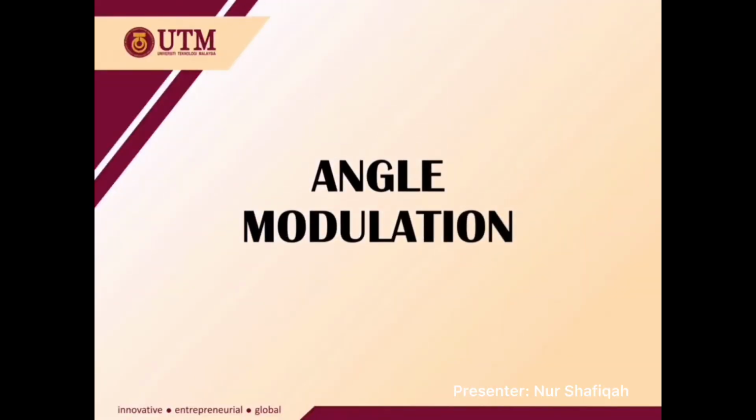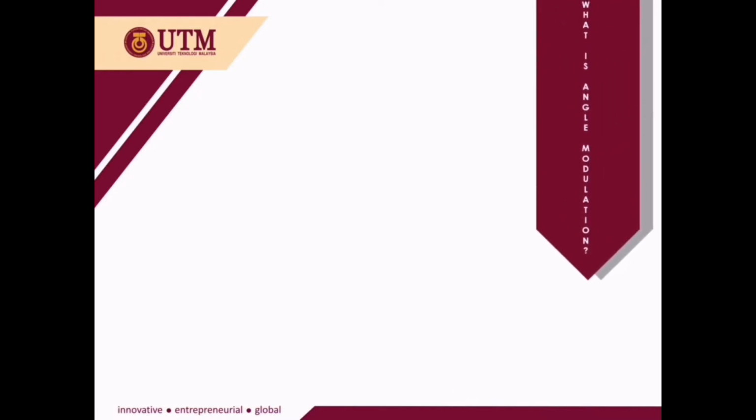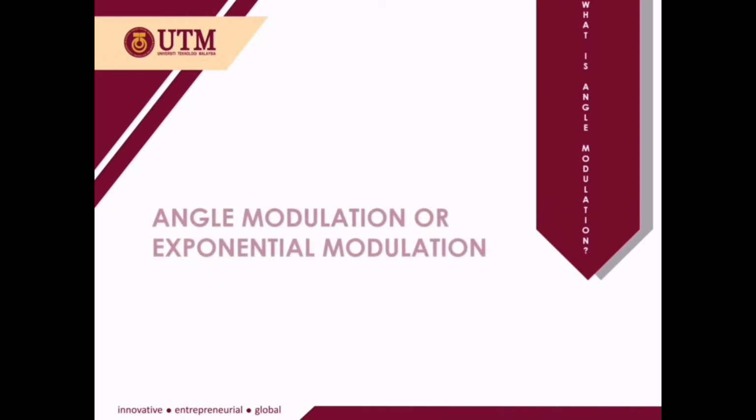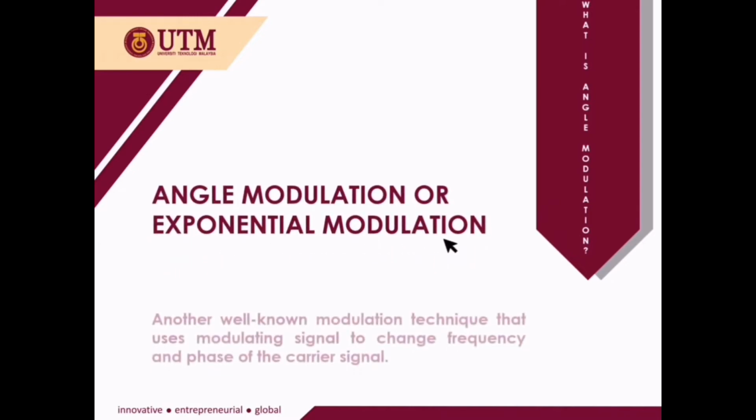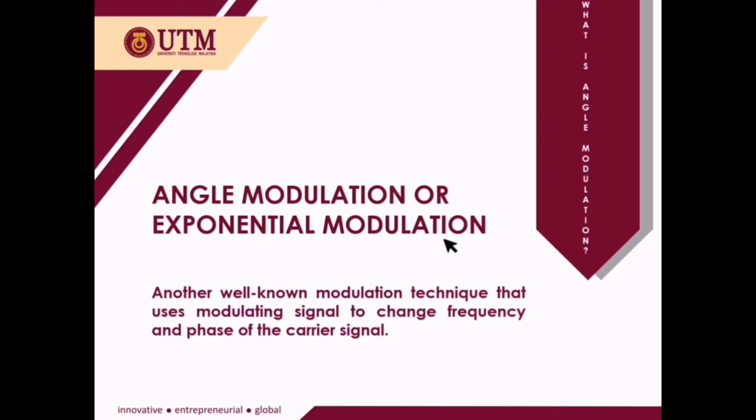Other than amplitude modulation, there is also another technique in data communication, which is angle modulation. Angle modulation, also known as exponential modulation, is another well-known modulation technique that uses modulating signals to change the frequency and phase of the carrier signal.